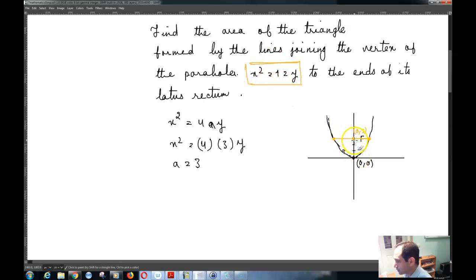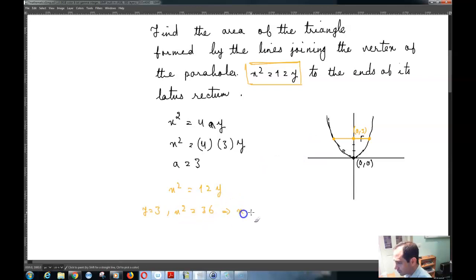Setting y equal to 3, x squared is going to be 36.